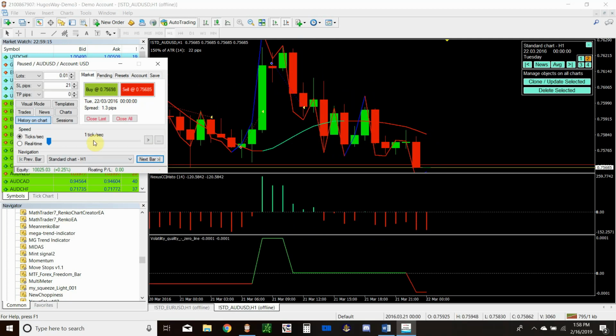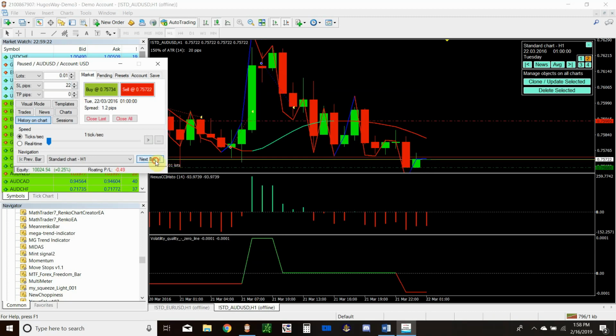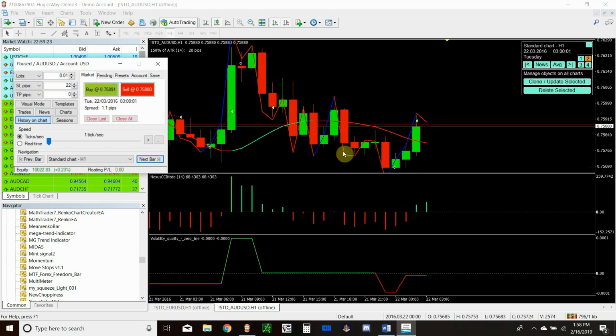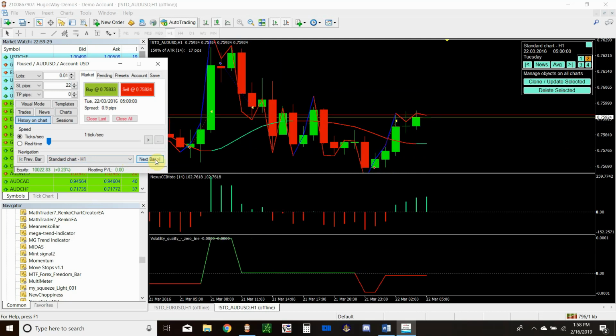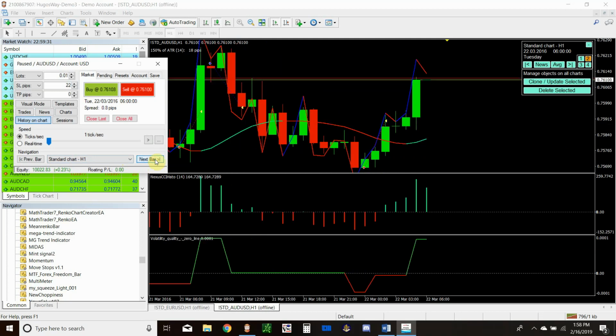Okay, so we have a pretty good sell signal right there. Go ahead and enter. And we got stopped out again. Okay, we've got a buy signal here. 18 pips.